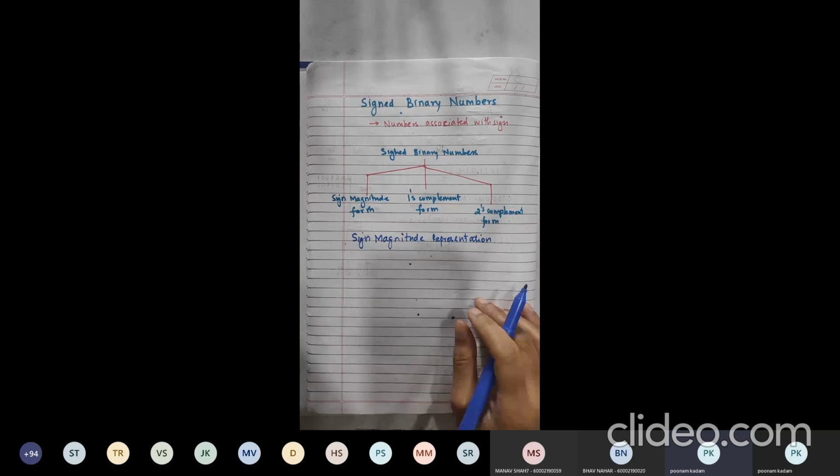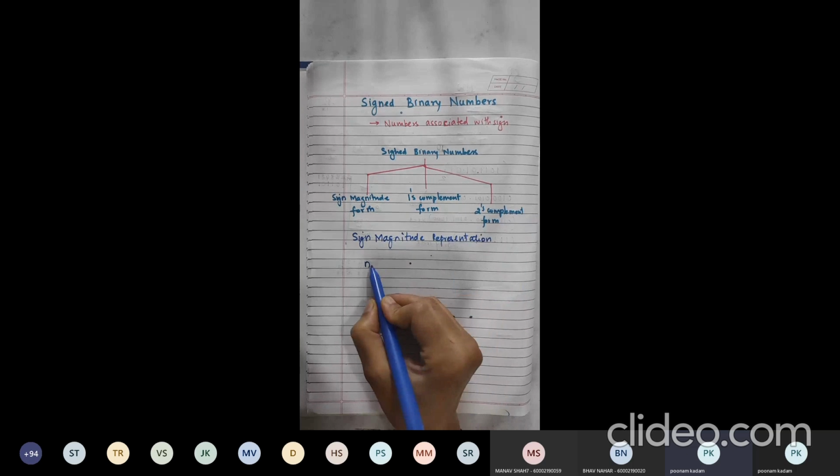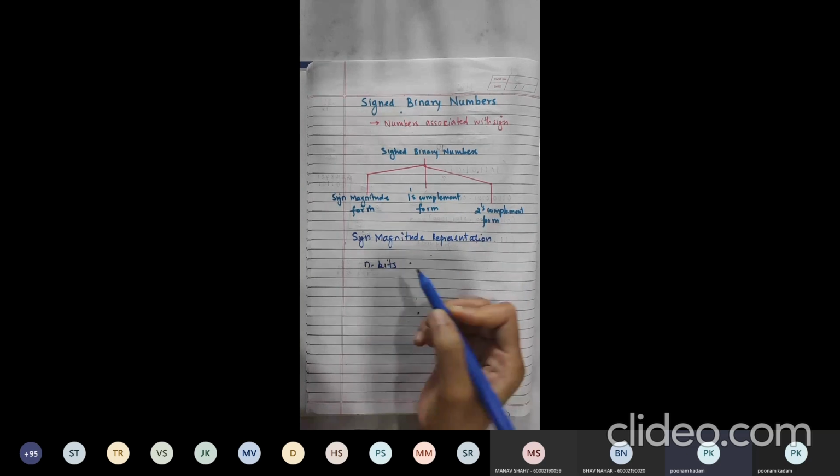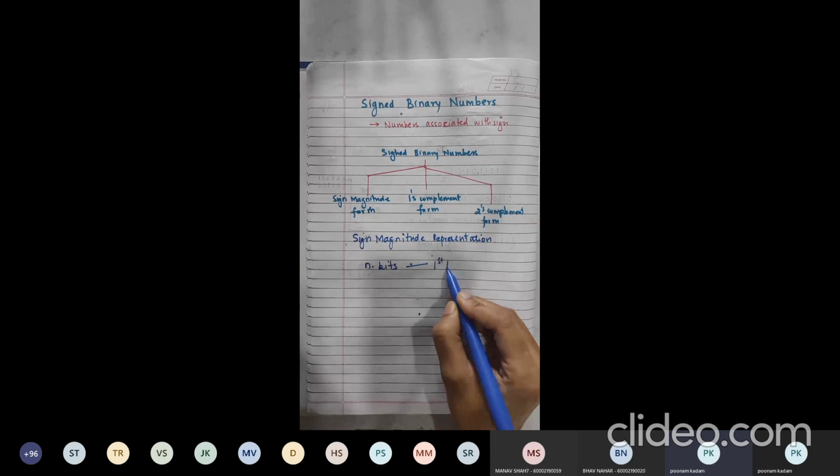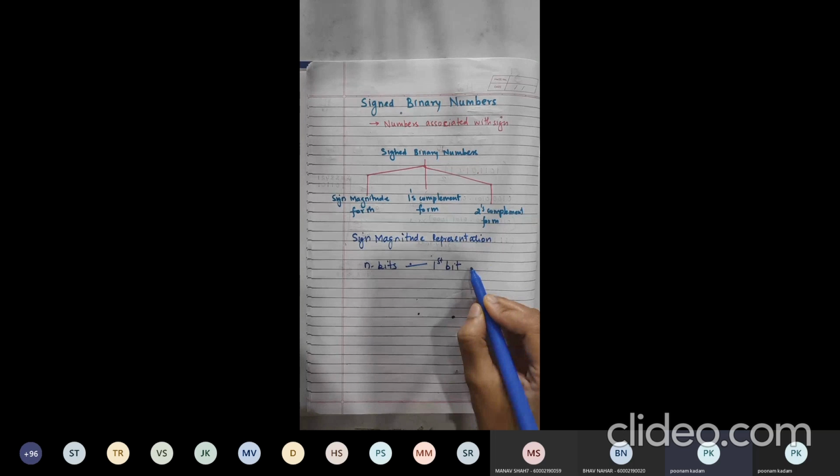Thus if we have n bits, we divide it into two parts. The first bit indicates the sign of the number, and the remaining n minus 1 bits give the value or the magnitude of the number.